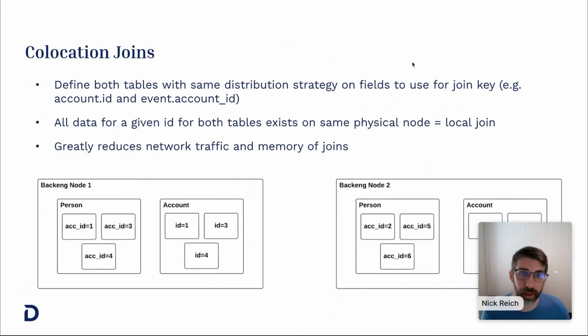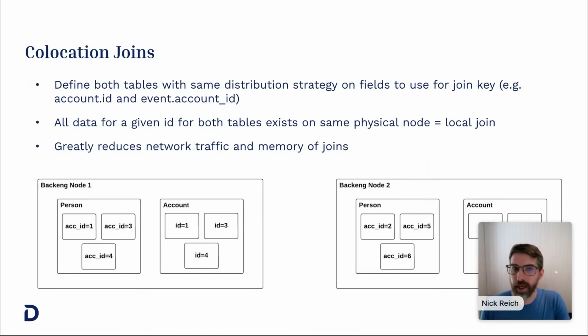Another powerful tool is the concept of colocation joins. CelerData gives you the ability to specify a common distribution key across multiple tables. And by doing that, on that distribution key, all the data for that key for all of those tables is going to be on the same physical node.